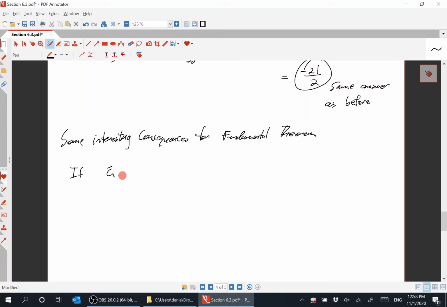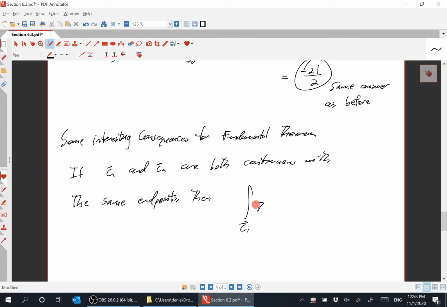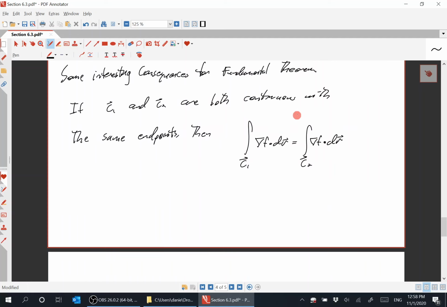If curves C1 and C2 are continuous curves with the same endpoints, then the integral over C1 of gradient f dot dr is equal to the integral over C2 of gradient f dot dr. Doesn't matter what the curve actually is, right?